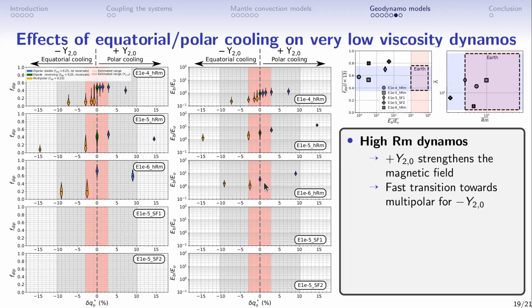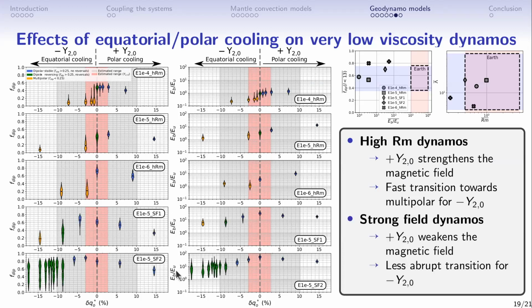The plus Y20 pattern tends to increase the magnetic energy, while the minus Y20 pattern implies a fast transition towards a multipolar behavior. The 2 strong field cases are here at the bottom, and the behavior is a bit different for those 2 cases.